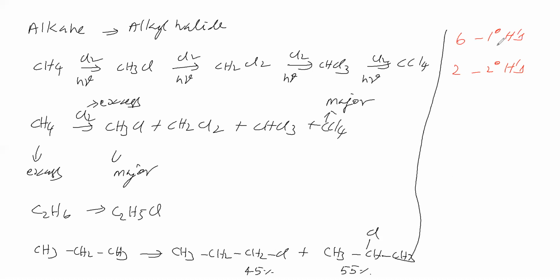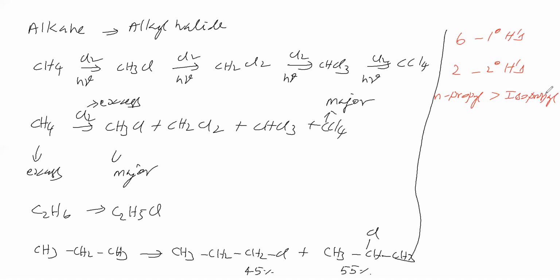Primary hydrogens, 6 available; secondary hydrogens, 2 available. Therefore, N-propyl chloride percentage is greater than isopropyl chloride.